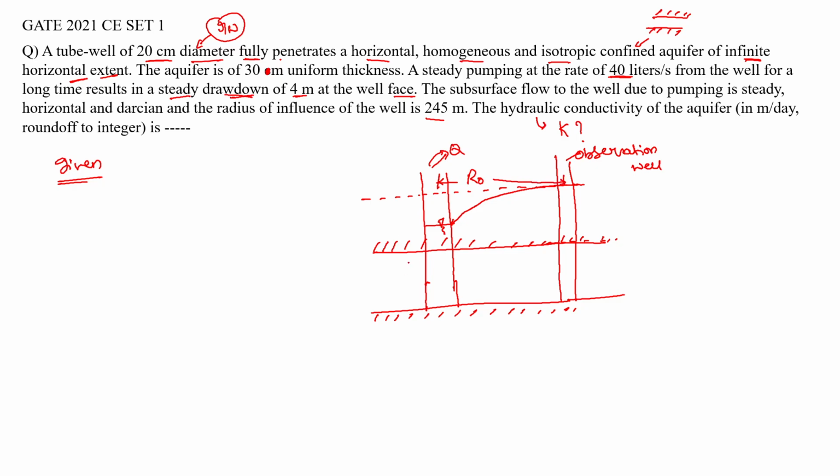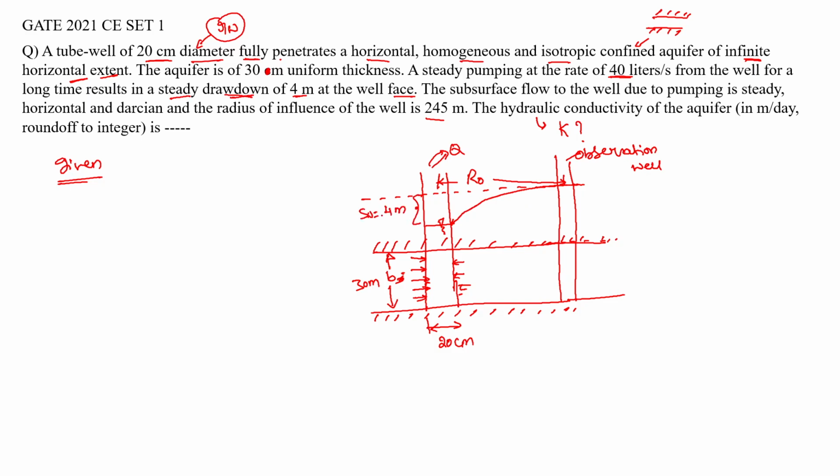Flow is entering here from all directions, radially. And this will be B, which is nothing but 30 meters. And what is the well diameter? The well diameter is 20 centimeter. And they have also given the drawdown SW as 4 meter.